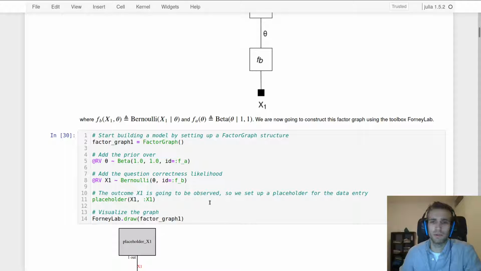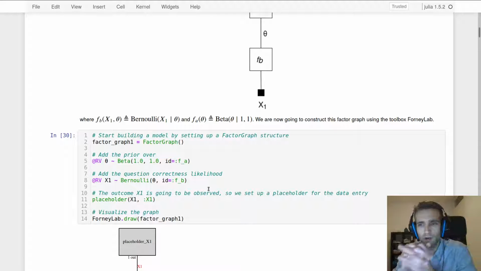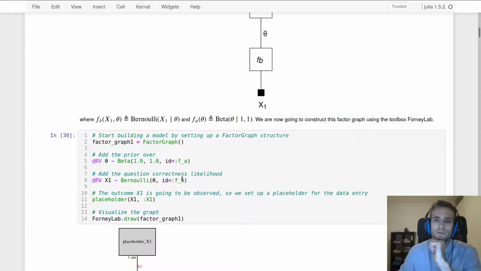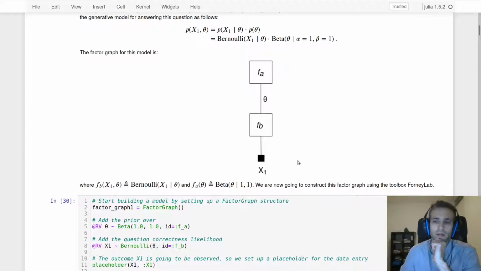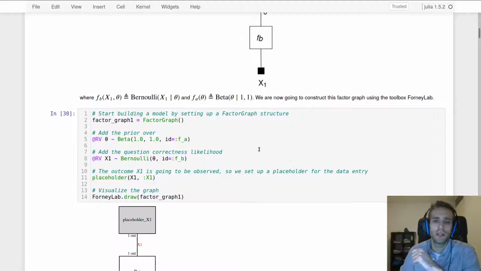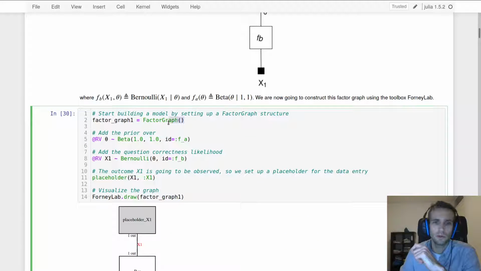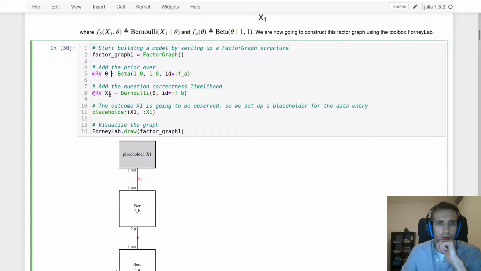If we translate this factor graph into code, we'll do that here. So the reason ForneyLab is called ForneyLab is because the following is a Forney-style factor graph. And so what you do in ForneyLab is you start a factor graph and then you start building that graph structure. So we are going to add a random variable. So add rv is a macro. A macro is a collection of commands summarized into a neat package for readability.